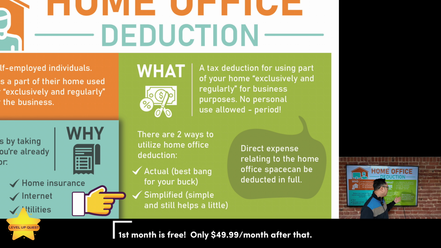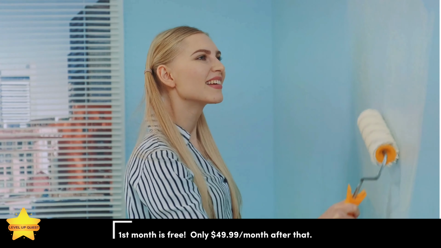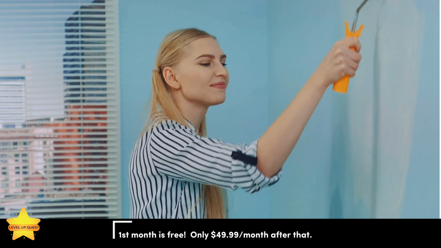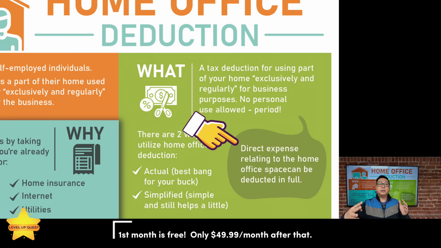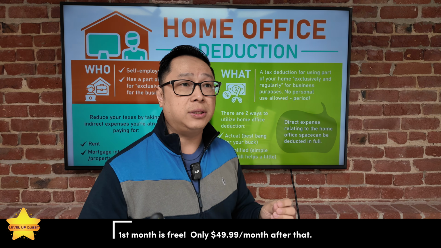Also, let clients know that any direct expenses relating to the home office, say they paint that room only, that painting is a direct expense for the home office that they could deduct. So it's really getting tax deductions for using things inside the home office section.